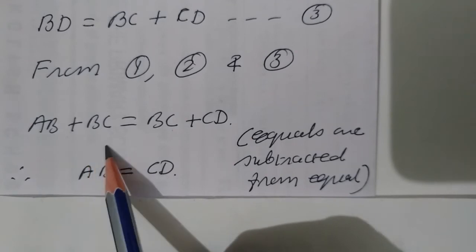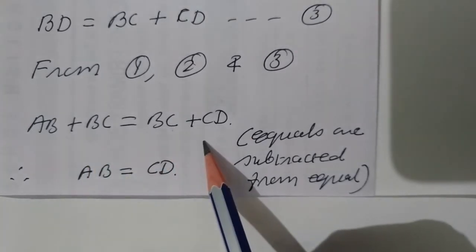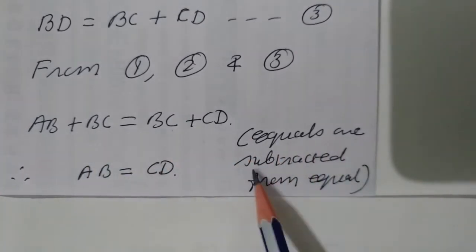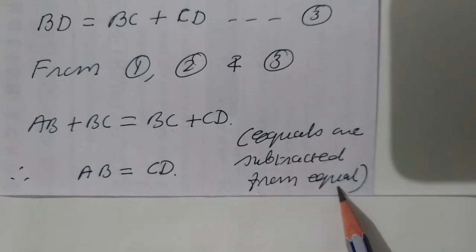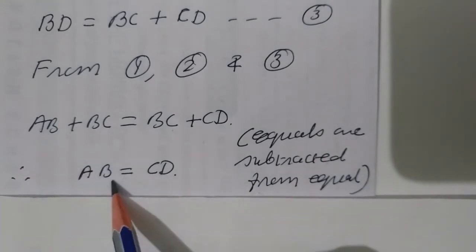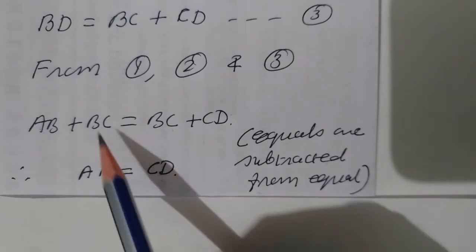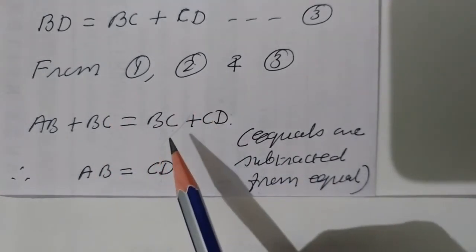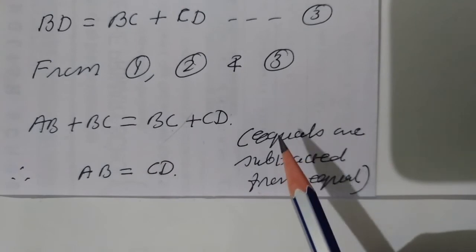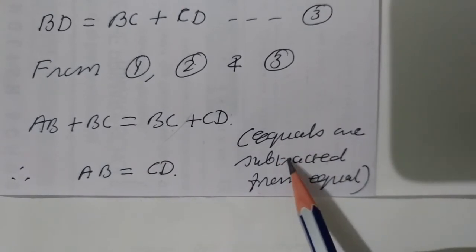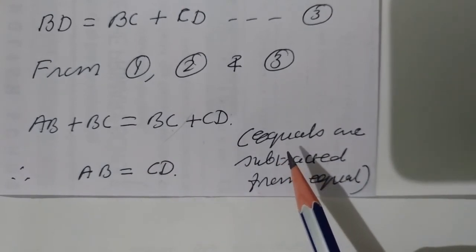We write that equals are subtracted from equal. So we get AB equal to CD. Children, our old tradition is cancel BC BC. Not like that. Okay, we are doing that only. But this is the reason. Children, this is which axiom that you verify.